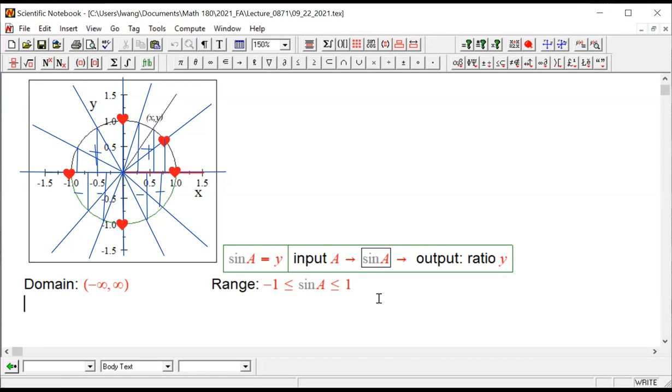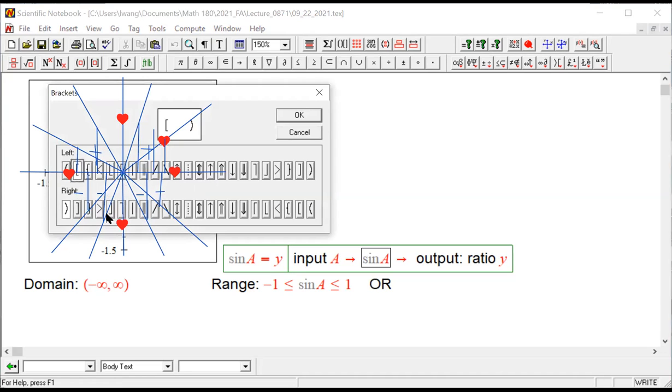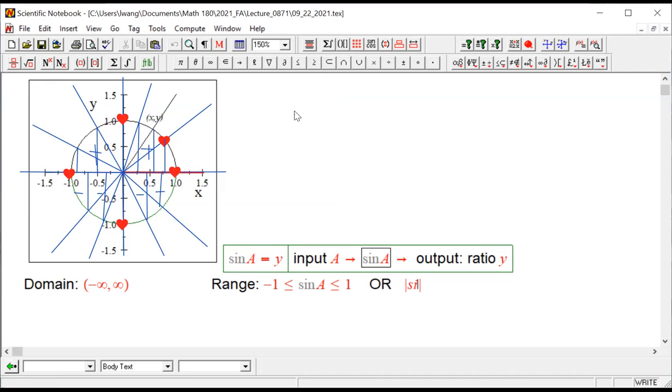Okay, that's the one-word sentence. So I'm going to give you another form. I'm going to give you these two forms. These two forms you are going to need in calculus, okay? Or the absolute value of sine of any angle is going to be less than or equal to +1.